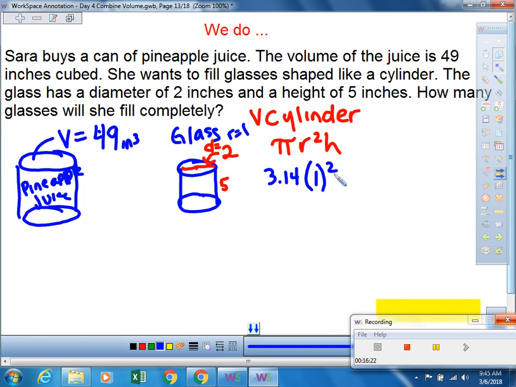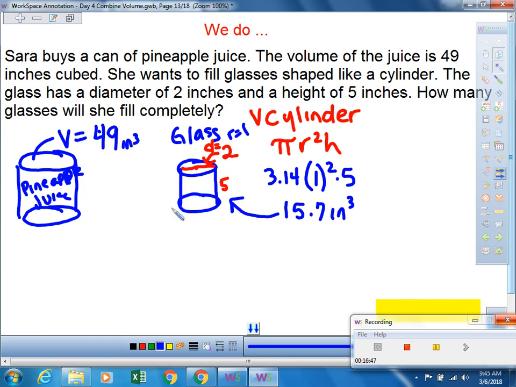So 1 squared, and the height is 5. So put this in, 3.14. Are you going to times it by 1 squared? No, just by 5. So what is it? 15.7 what? Inches cubed. So this glass is 15.7 inches cubed in volume. So it's the volume.